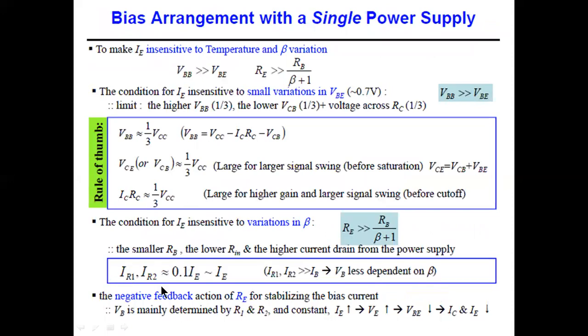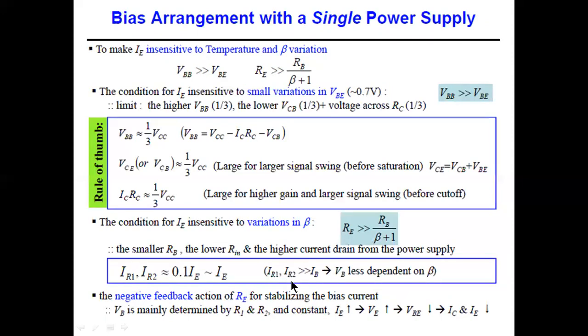So that means IR1 and IR2 should be equal to 0.1 of IE. The value of IR1 and IR2 should be 0.1 of IE, and IR1 and IR2 should be much larger than IB.